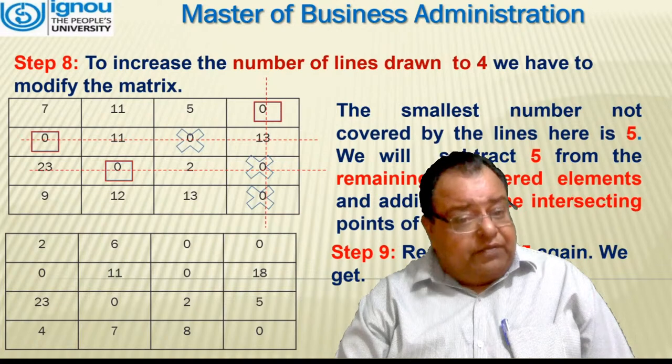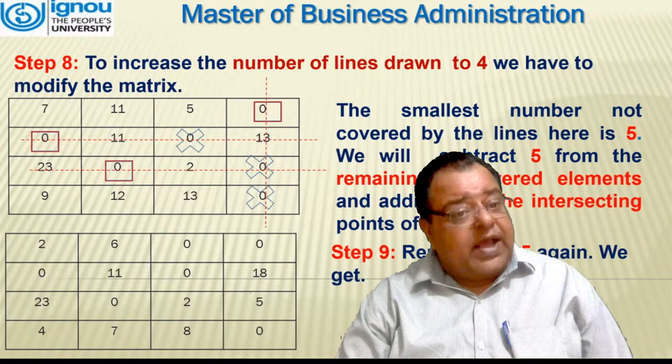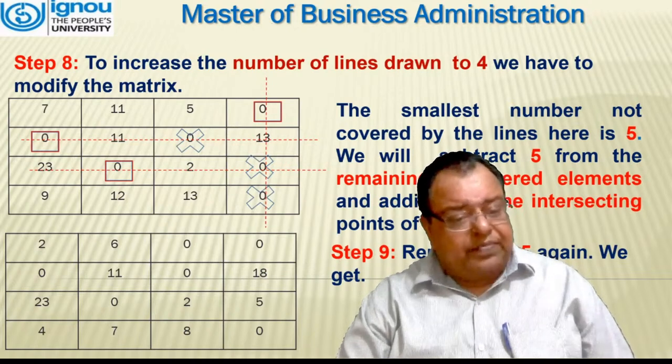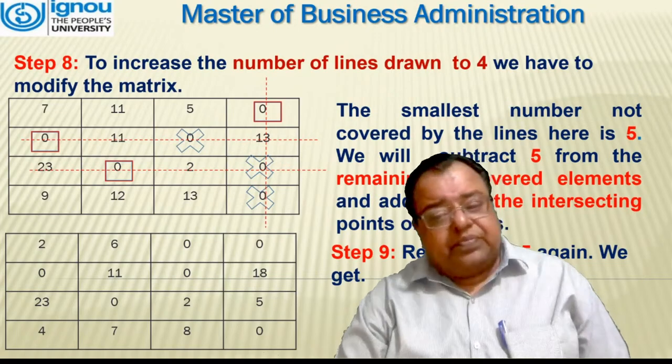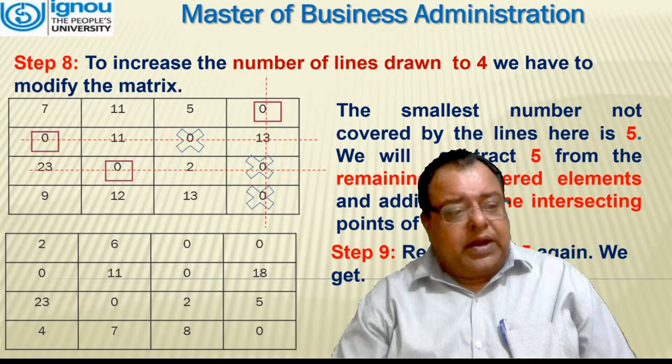And 5 will be added to all intersecting lines. So we will be adding 13 plus 5, that will be 18, and 0 plus 5, that will be 5, and we will be subtracting 5 from the third column. Now this is the matrix which is obtained. Now, how to proceed further?